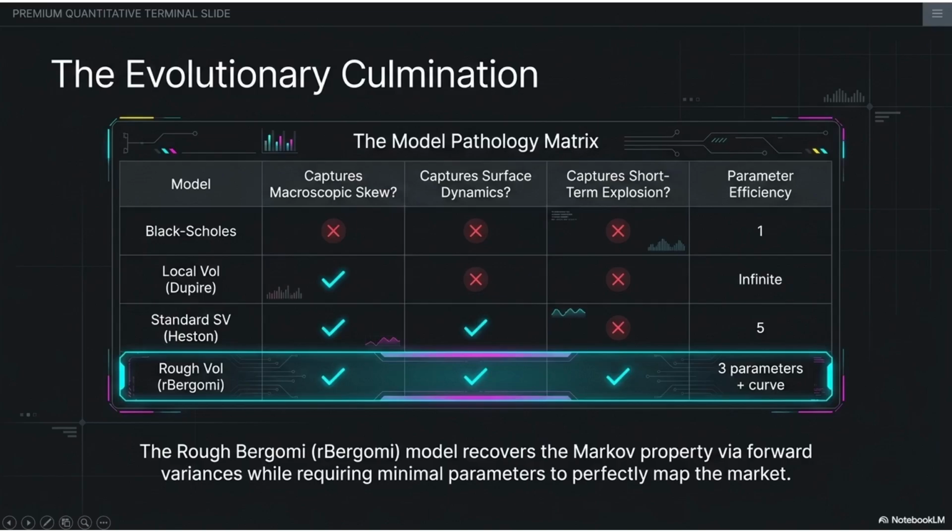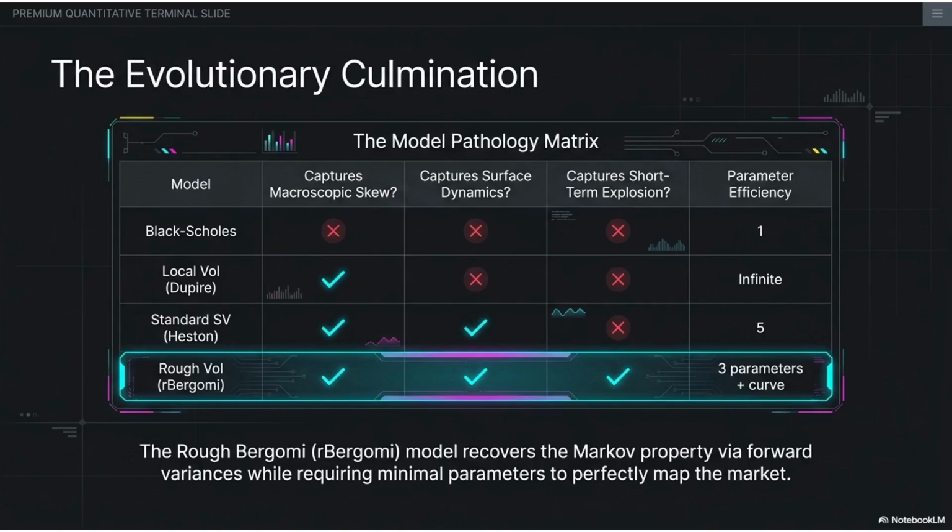This brings us to the evolutionary culmination of pricing options, the rough Bergomi or rBergomi models. Looking at our model pathology matrix, the black shows local volatility and standard stochastic volatility all fail to capture the full picture.